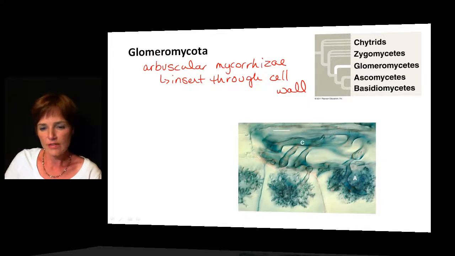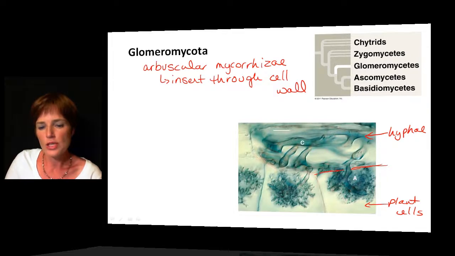So we have the fungi up here. This would be the hyphae. And down here would be our plant cells. So if your cell wall for the plant is right here, notice that you've got the fungi hyphae extending right through that, so that they are going to be inside the cytoplasm and they will be able to absorb nutrients from the cytoplasm.